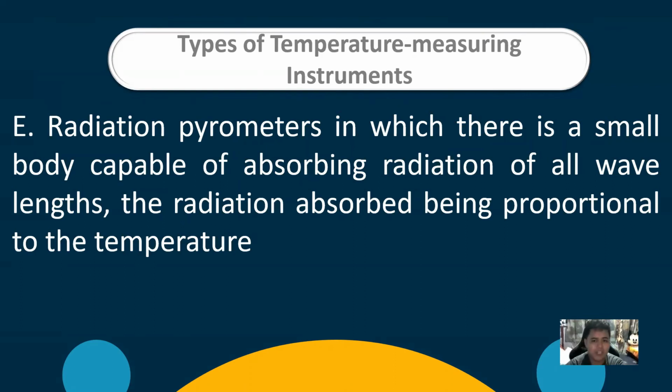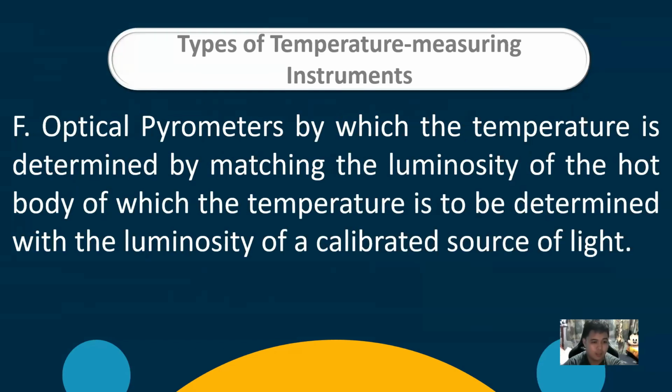Okay, types of temperature measuring instrument. Radiation pyrometers in which there is a small body capable of absorbing radiation of all wavelengths, the radiation absorbed being proportional to the temperature. Okay.